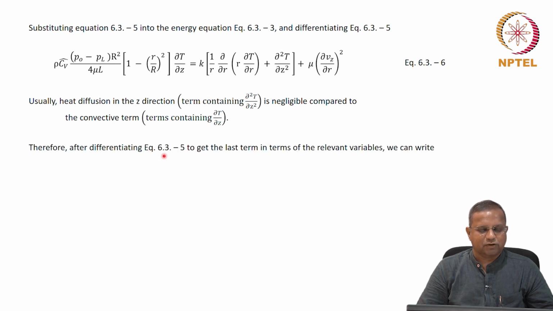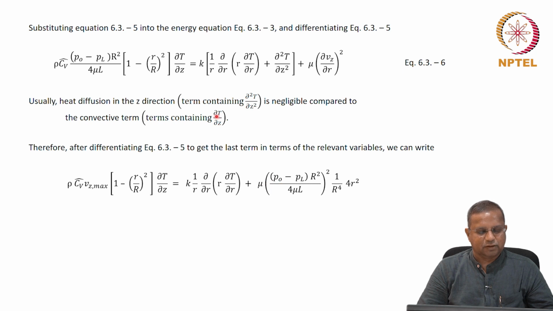Therefore, after differentiating 6.3-5 to get the last term in terms of the relevant variables, we could write that this term drops out, and rho CV hat Vz, this is nothing but Vz max, right? P naught minus PL R squared by 4 mu L is nothing but your Vz max.